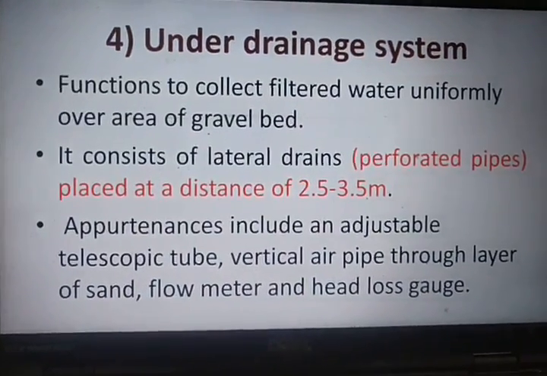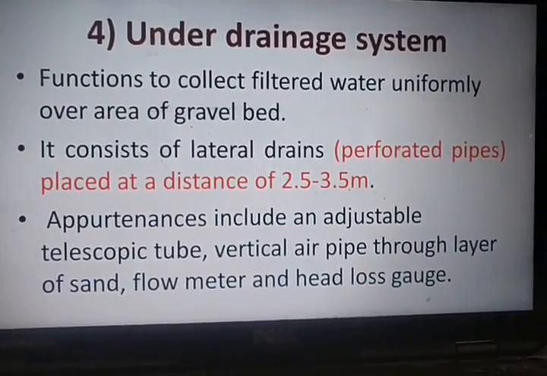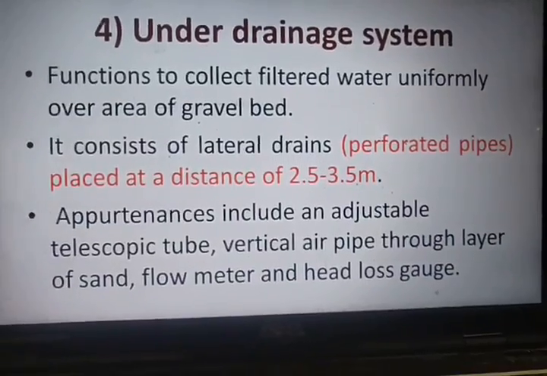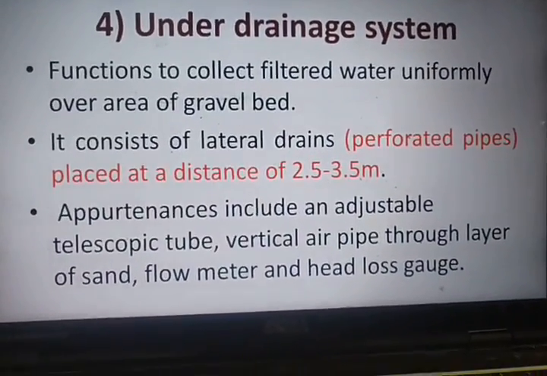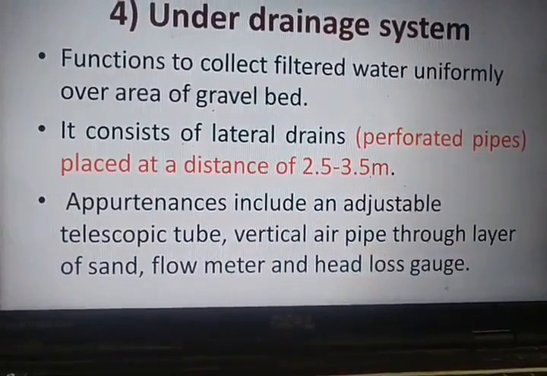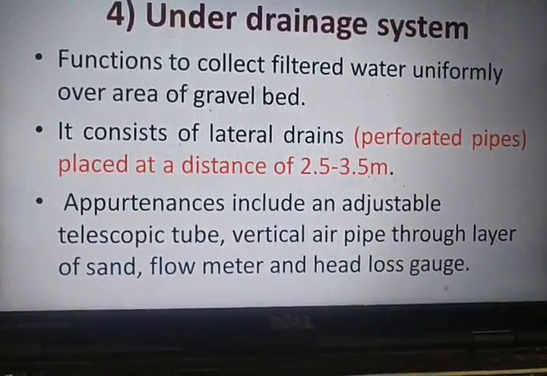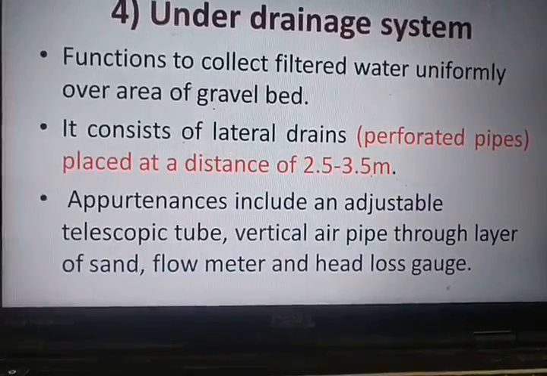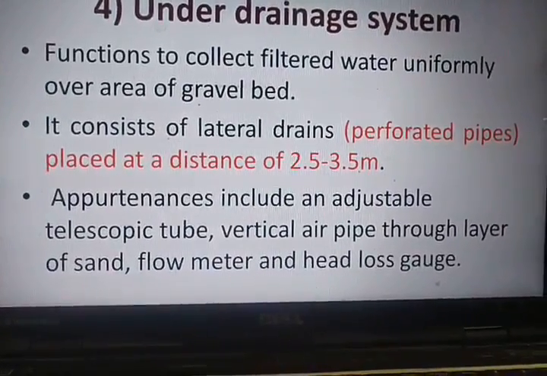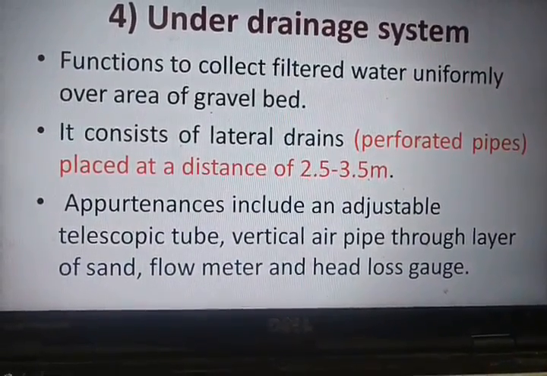Under the drainage system, I was telling that the function of this under drainage system is to collect the filtered water and convey it to the subsequent unit. It consists of lateral perforated drain plates at a distance of 2.5 to 3.5 meters, and it collects the treated water from the filters.